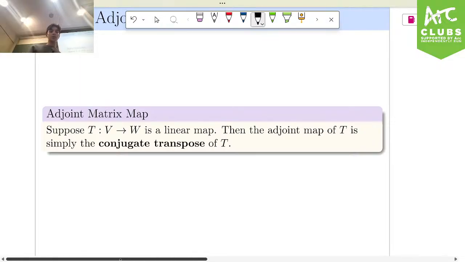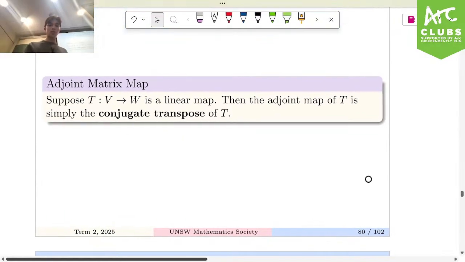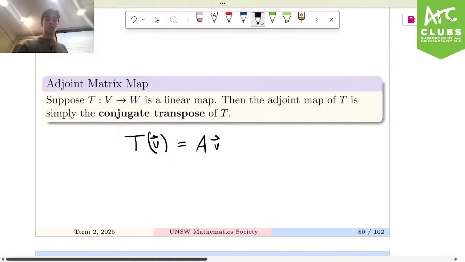In the context of matrices, if we have T as a linear map, then the adjoint of T is simply the conjugate transpose of T. What this means is that if this transformation T is defined through a matrix multiplication, then the adjoint map is the transformation defined by the conjugate transpose of that matrix.